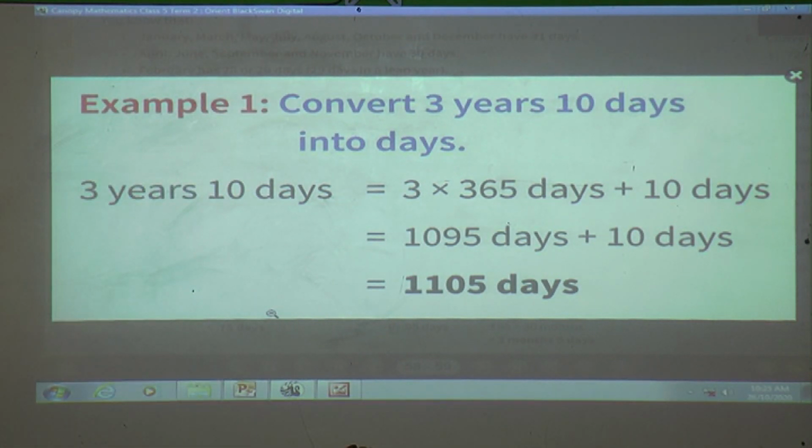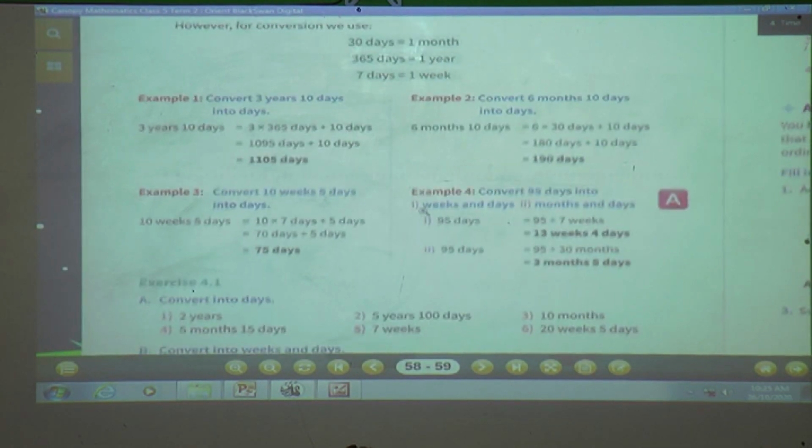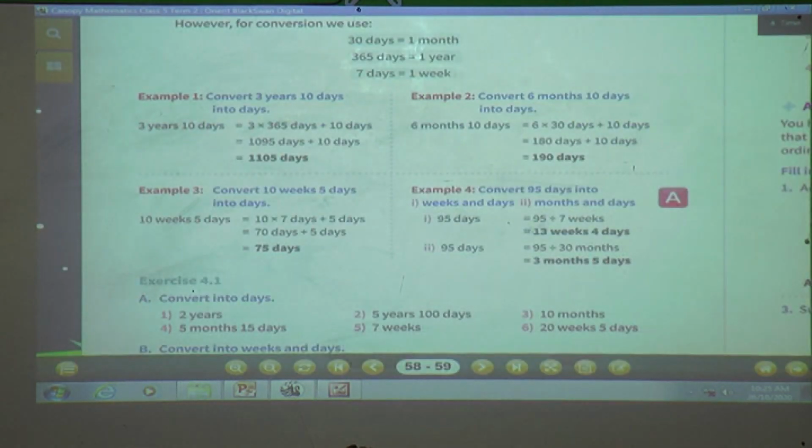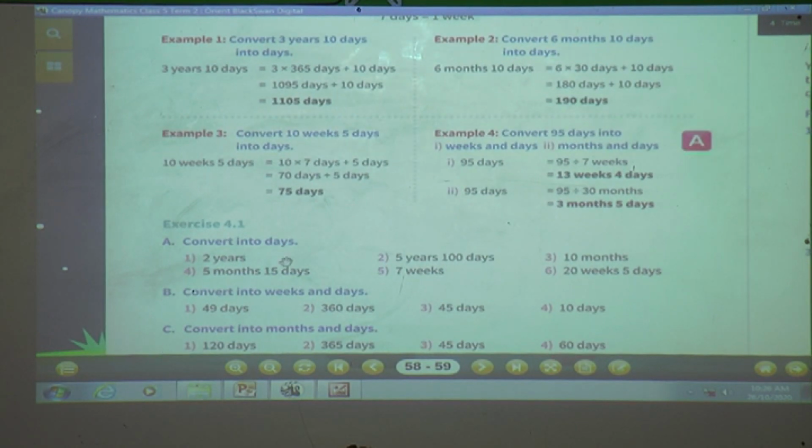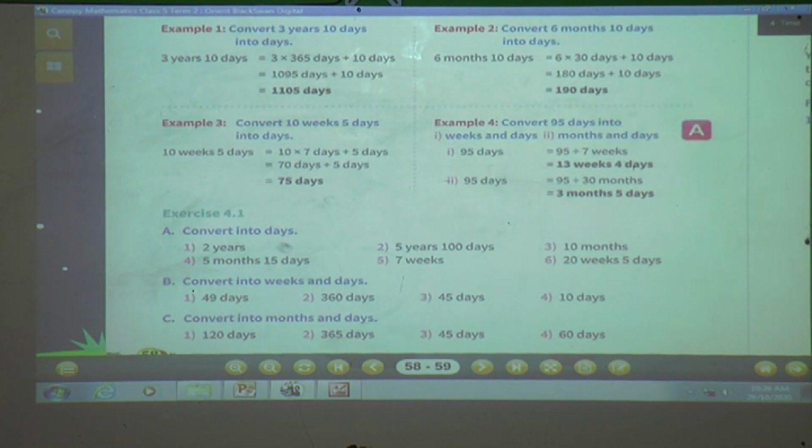Now exercise 4.1 is based on some conversions. See, convert into days. Here just multiply it by 365. In months, multiply by 30 to convert into days. Here convert into weeks and days.